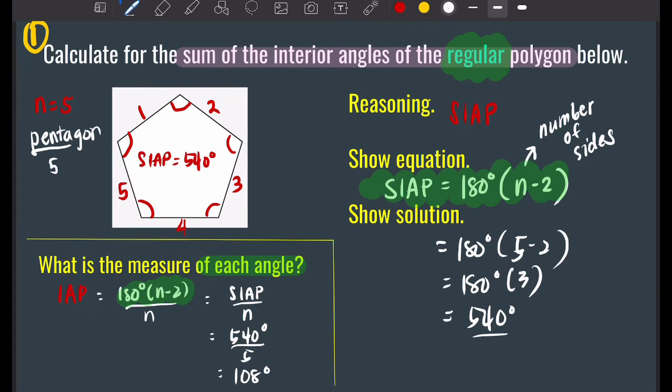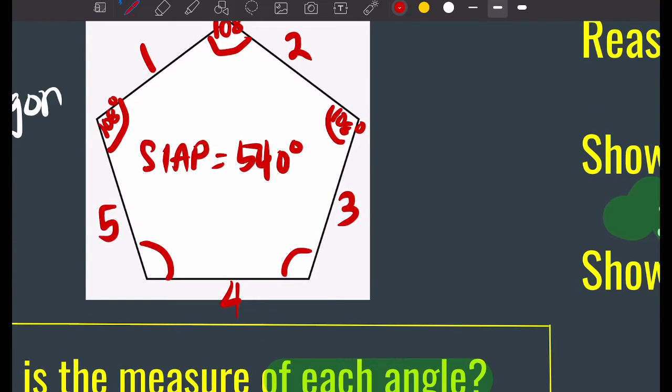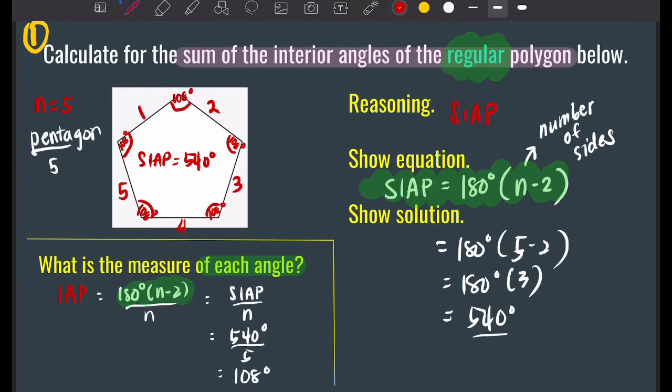It means each interior angle has a measure of 108 degrees.